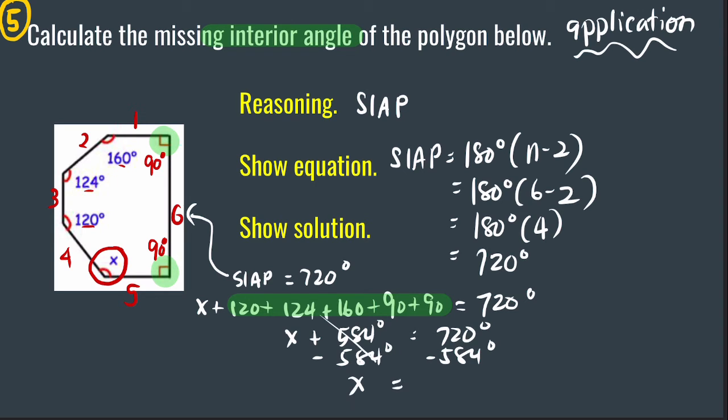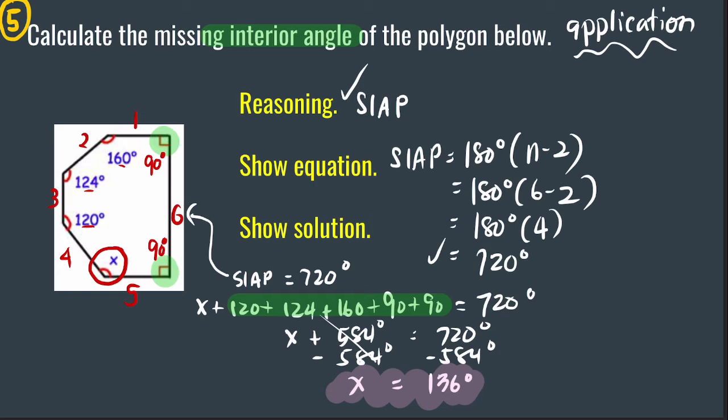x is equal to 136 degrees. Okay, so there you go. So what did I use to solve this? I used the sum of interior angles of a polygon rule to find out that when all the interior angles are added together, it totals 720. Then what did I do?